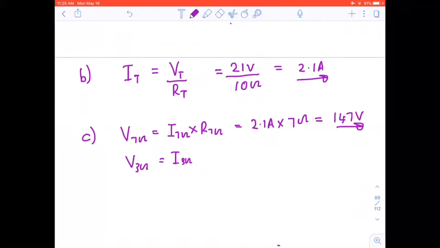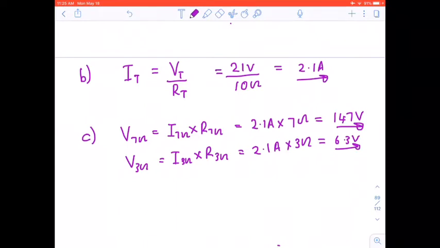So in the 3 ohm resistor, the current is still 2.1 amps, and R of the 3 ohm resistor is 3, so 2.1 amps times 3 ohms gives us 6.3 volts.